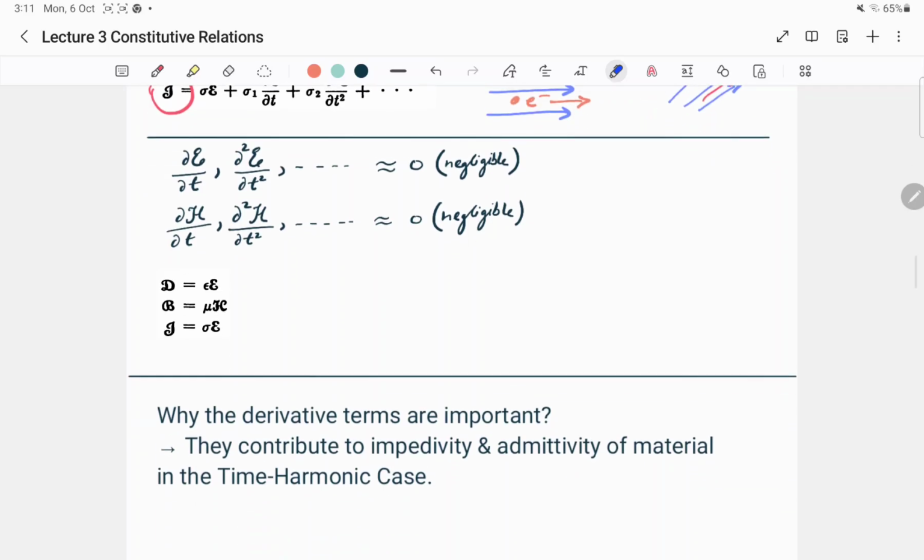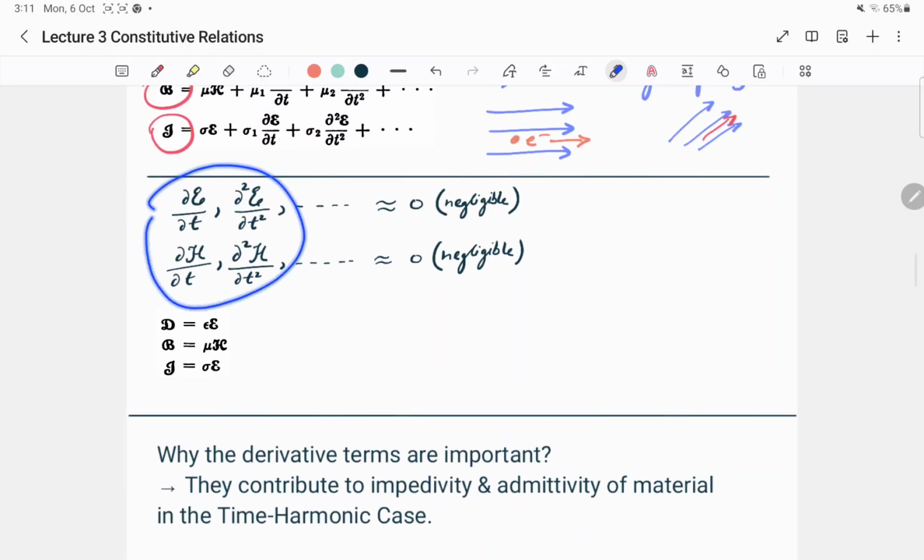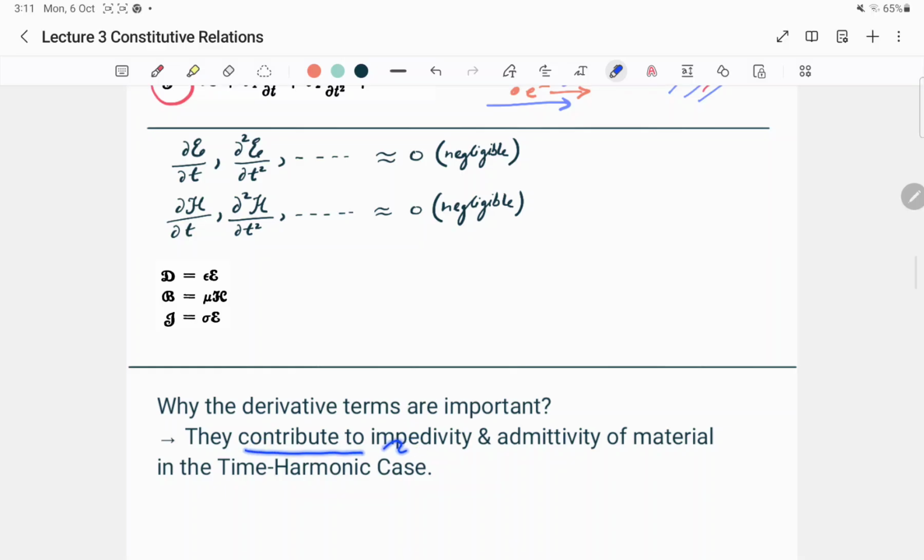Now the most important thing is, why are the derivative terms important? Because these derivative terms contribute to the impedivity and admittivity of the material in the time harmonic case. Since we are studying electromagnetic field theory, where there is a particular frequency associated with it, we are calling it the time harmonic case.